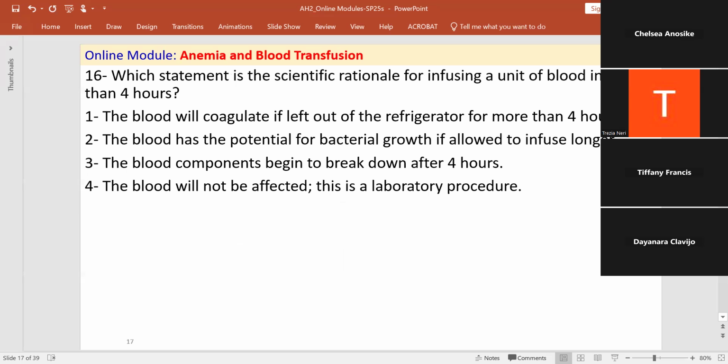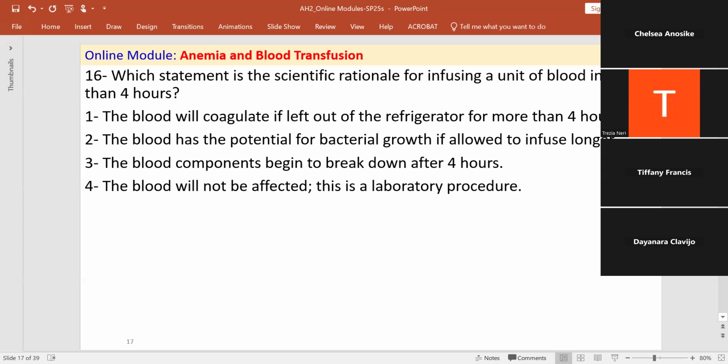Number 16. Which statement is the scientific rationale for infusing a unit of blood in less than 4 hours? So 3, the blood components begin to break down after 4 hours. Not necessarily in terms of hemolysis; it doesn't take place because of the length of time after 4 hours.